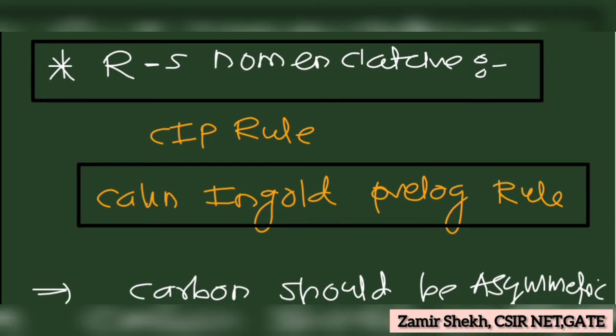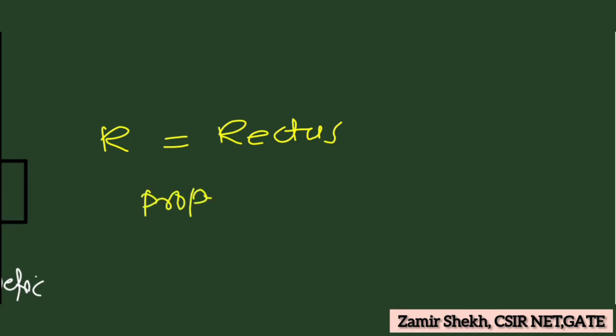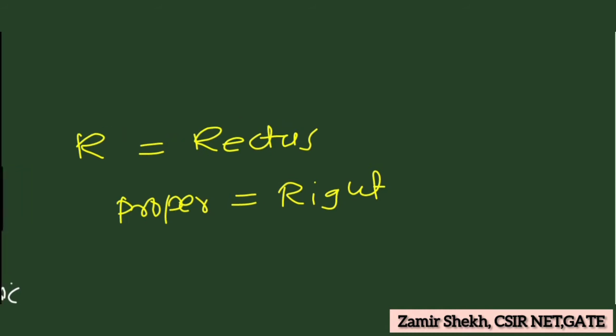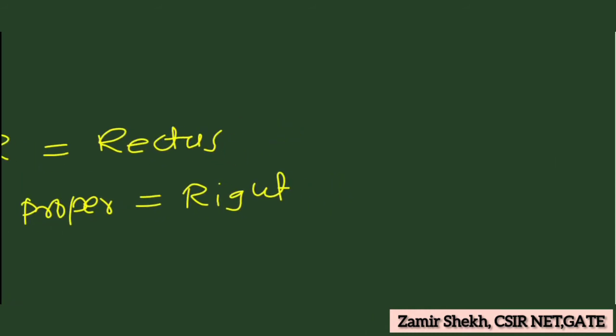So what is the CIP rule? It is called the Cahn, Ingold and Prelog rule. According to this RS nomenclature, first we will see what R is and what S is. R is nothing but rectus, which means proper, or right.